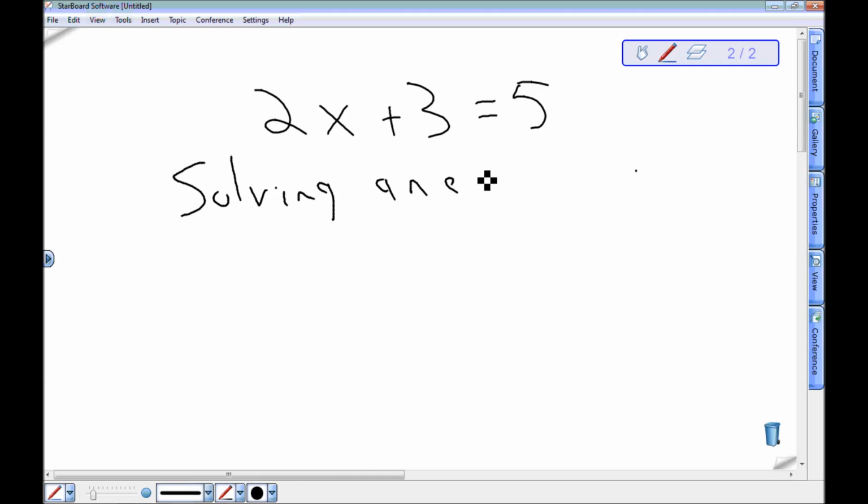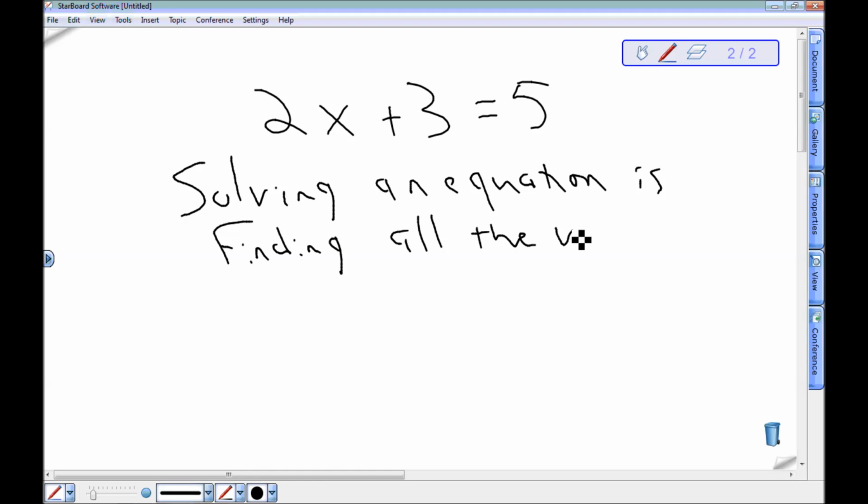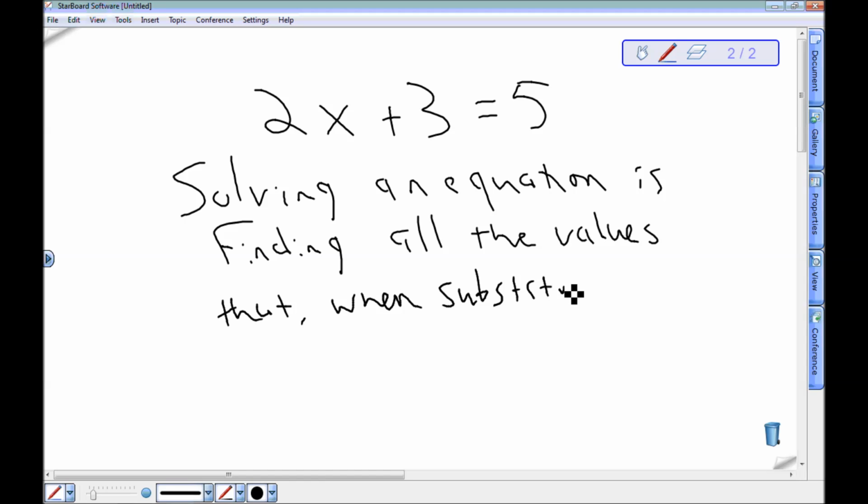And in fact, solving an equation is finding all the values, maybe not 4, but all the values that, when substituted, make the equation true.